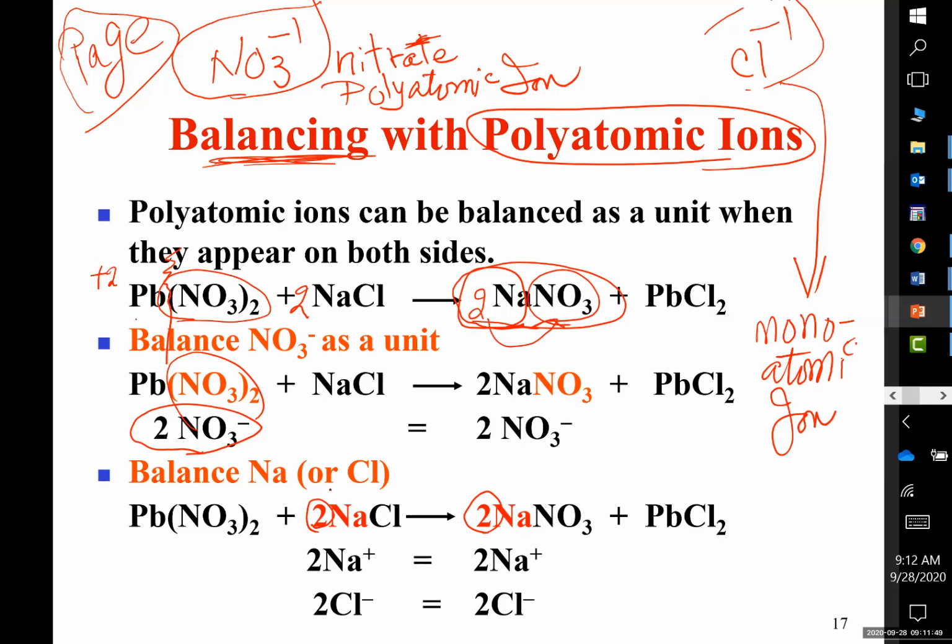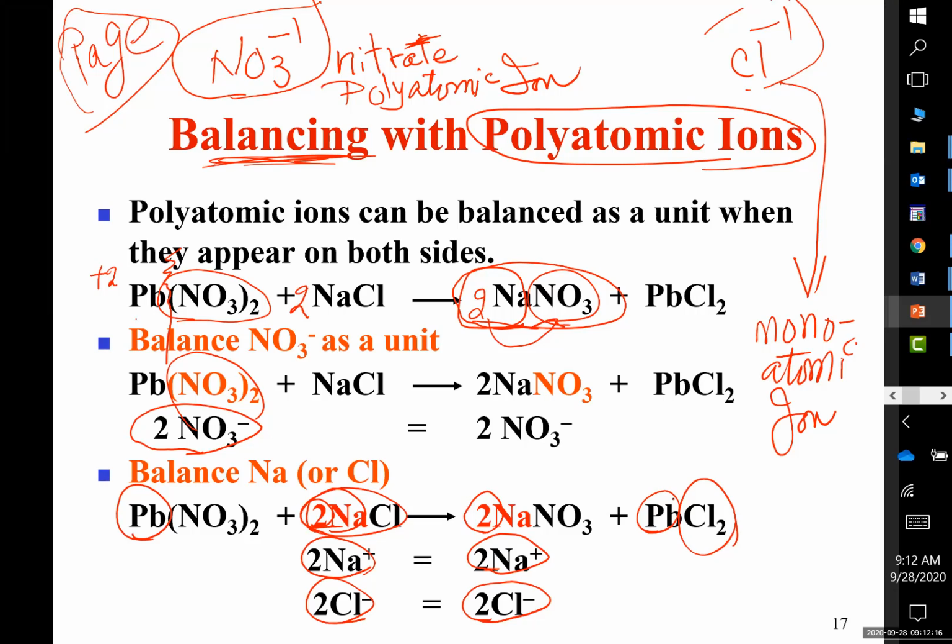How many Na on the left? 2. How many Na plus on the right? 2. How many Cl on the left? 2 Cl minus. How many Cl minus on the right? 2. See, 2. How many lead on the left? 1 and 1. Balanced. So this is a balanced equation now.